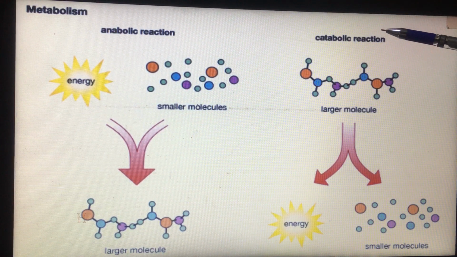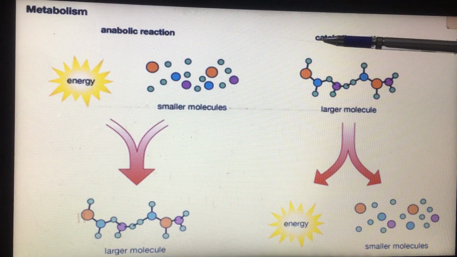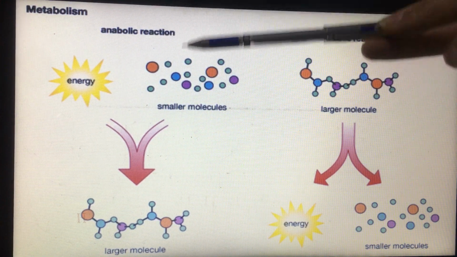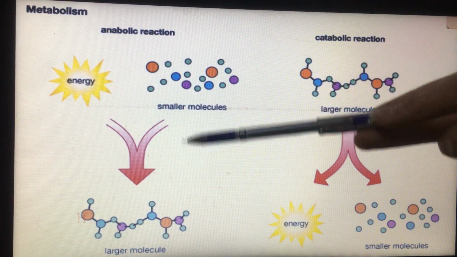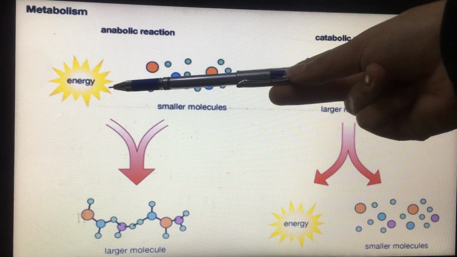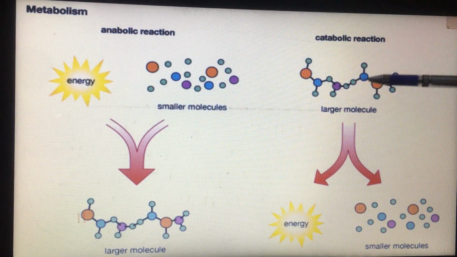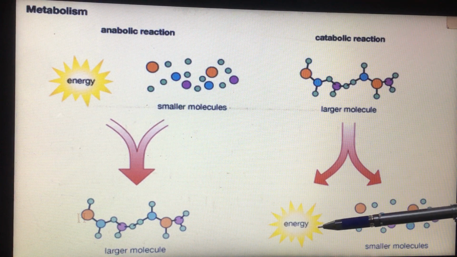So the main two reactions of metabolism are anabolic and catabolic reactions. Anabolic reactions: large molecules are built up from smaller molecules by using energy. For catabolic, large molecules are broken down into smaller ones and that will release energy too.